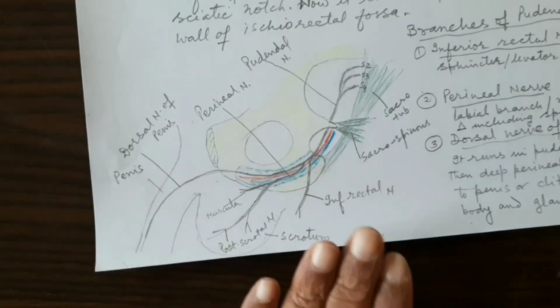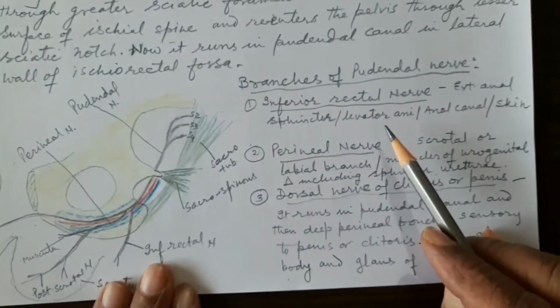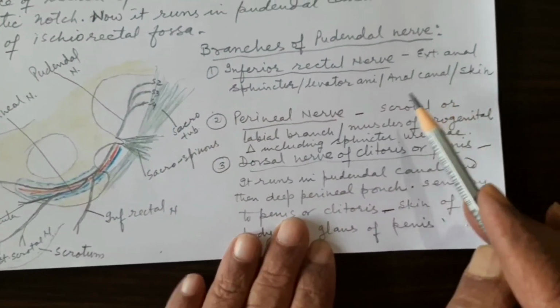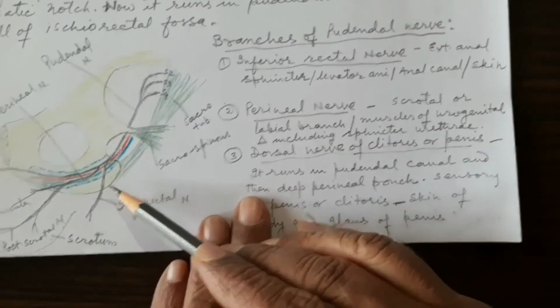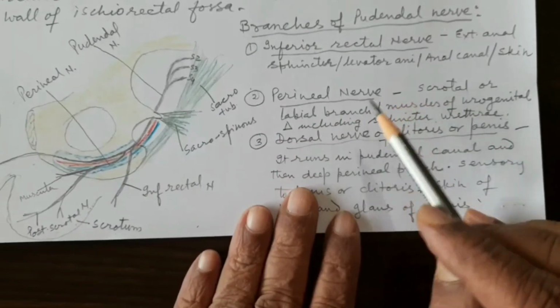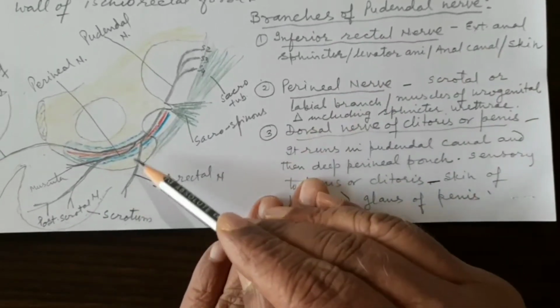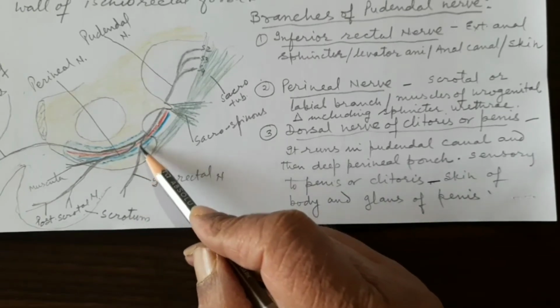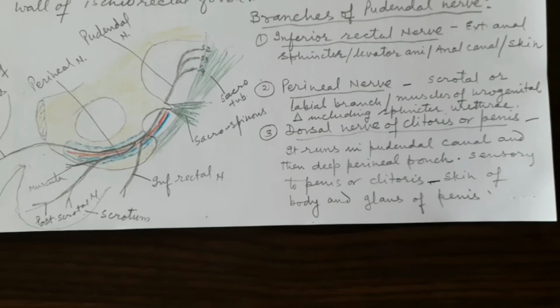Okay, so we are on the branches of the pudendal nerve. The first branch was the inferior rectal nerve. See, this was the inferior rectal nerve here. It will go towards the anal canal. This inferior rectal nerve will supply motor fibers to the external anal sphincter, which has three divisions: subcutaneous, superficial, and deep.